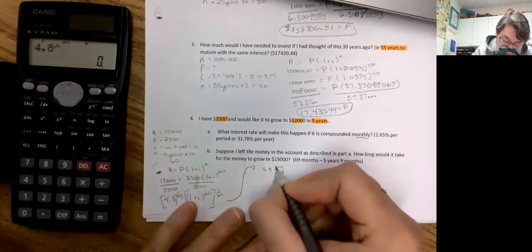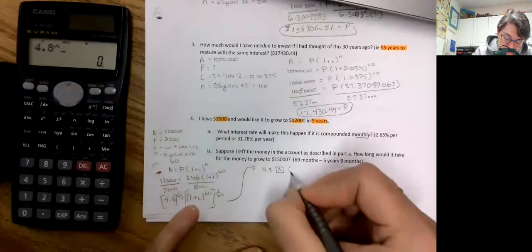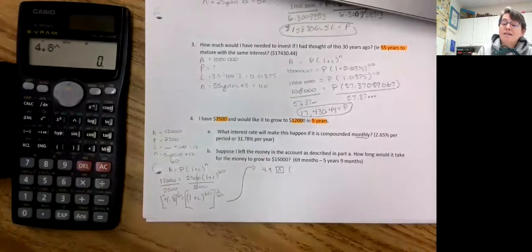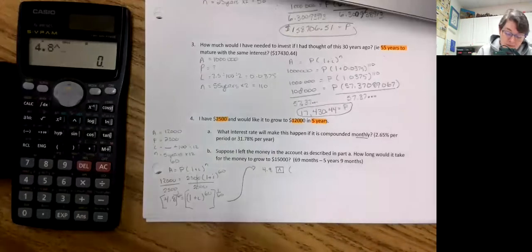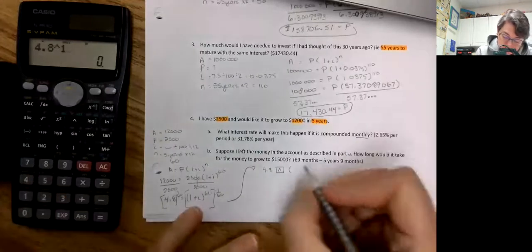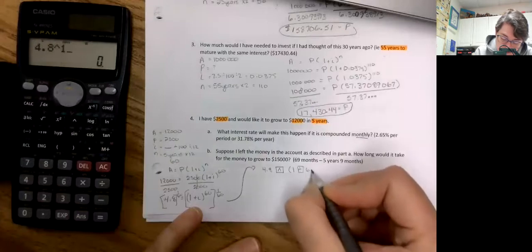So I press my power button, the caret key. And then I'm going to use a bracket because I want the exact value of 1 divided by 60, not the rounded off one that I'm going to get by only punching in some numbers. 1 divide by 60.